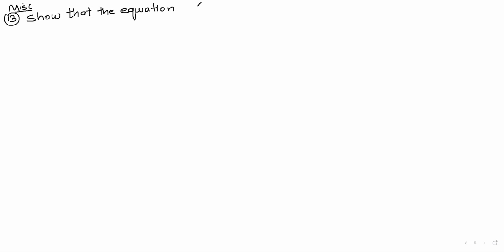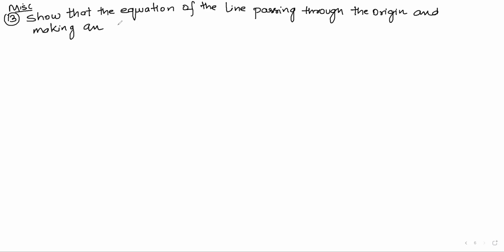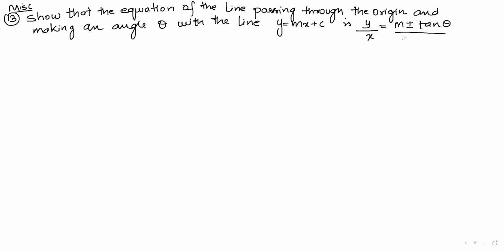Okay. Show that the equation of the line passing through the origin and making an angle theta with a line y is equal to mx plus c is y by x is equal to m plus minus tan theta by 1 minus plus m tan theta.